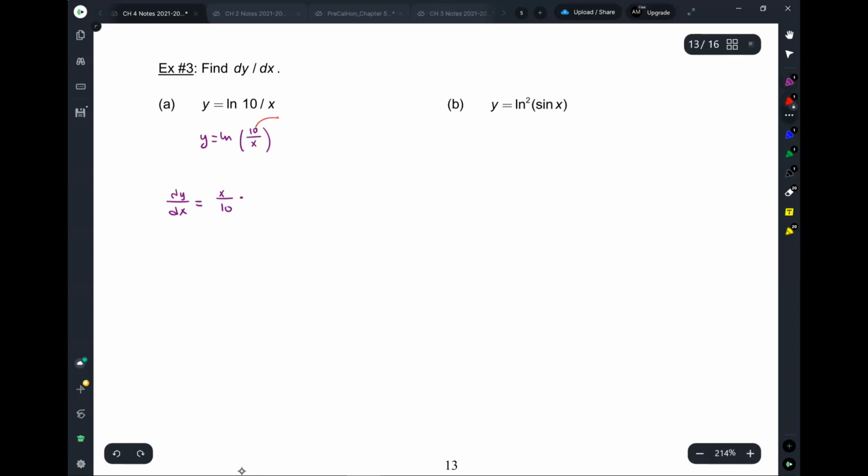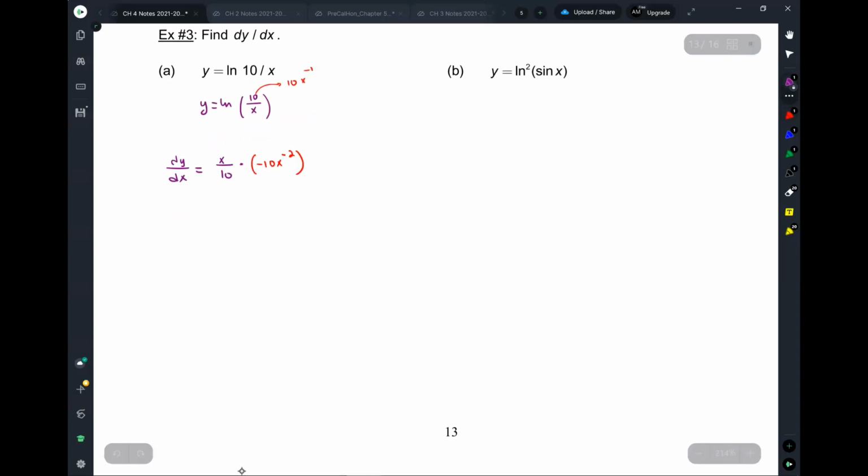And what is the inside? It's 10x to the minus 1. So the derivative of that is negative 10x to the negative 2. So here I get x over 10 times negative 10 over x squared, negative 1 over x. Right?